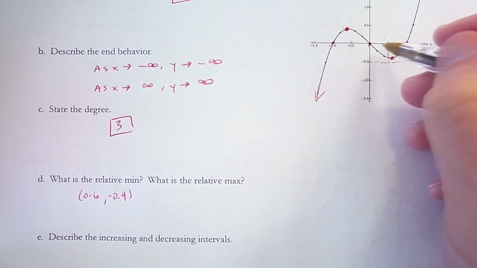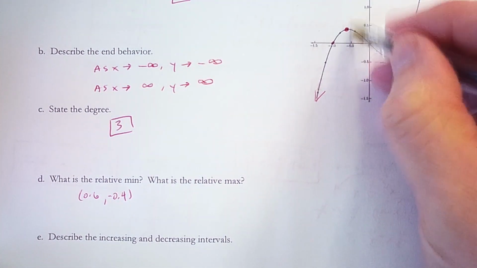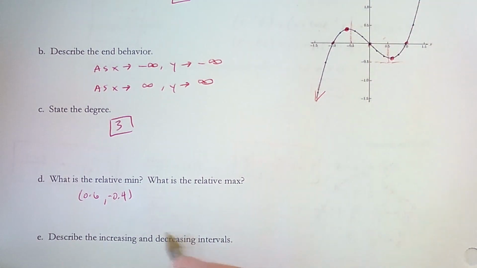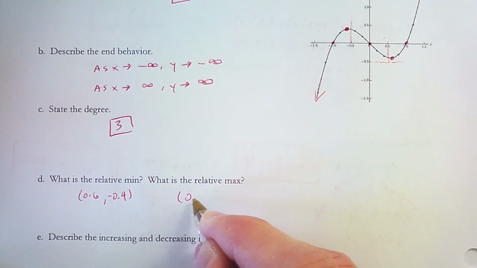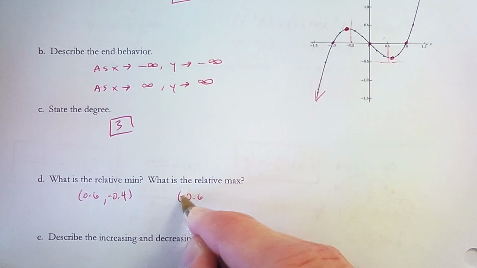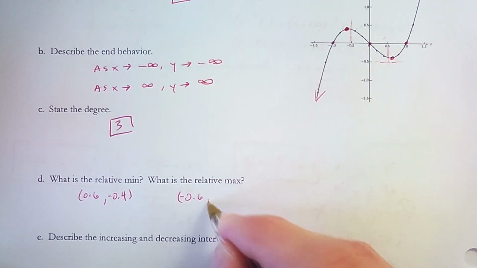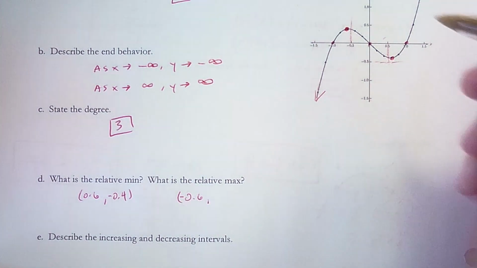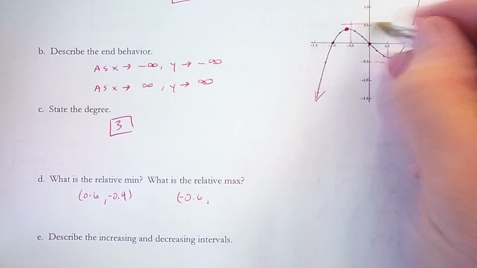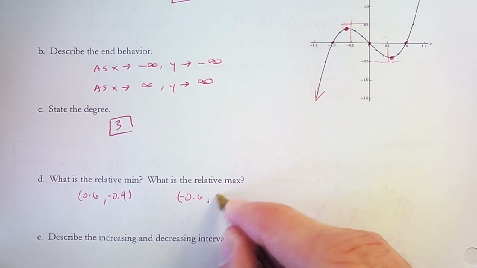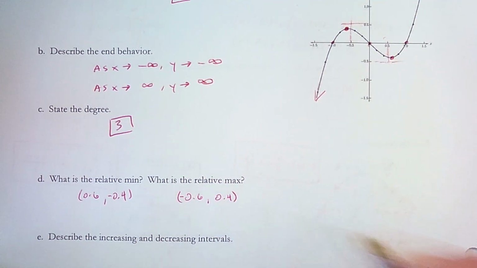How about the relative maximum? So it's farther left than 0.5, so let's call that 0.6, but that's negative because it's to the left, negative 0.6. And the y value is a little less than 0.5, so we'll call it 0.4.